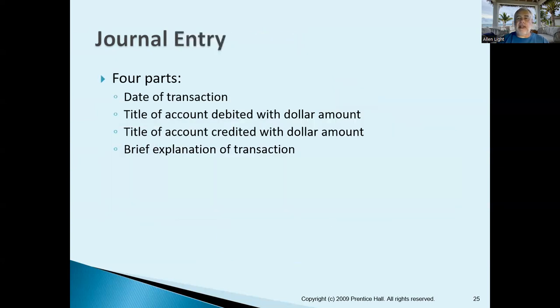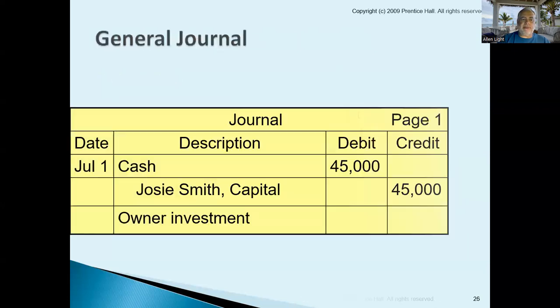So the journal entry has 4 parts to it: the date of the transaction, the title of the account to be debited, title of the account to be credited, and then the brief explanation. Okay, now some things to look at here. First of all, here's our date. The date was July 1st.